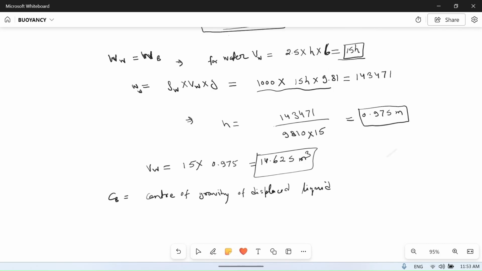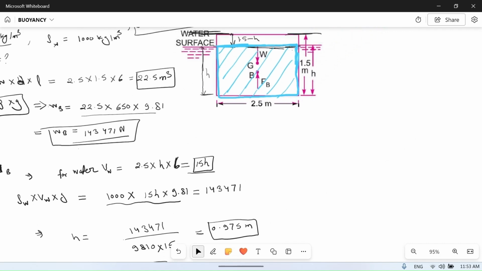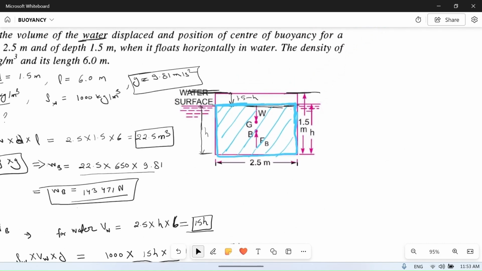Okay, so what will be the center of buoyancy? See, if this is a block, then its centroid will be at h by 2. This is 1.5 meter, then it will be at 0.75, because it is half of the height.